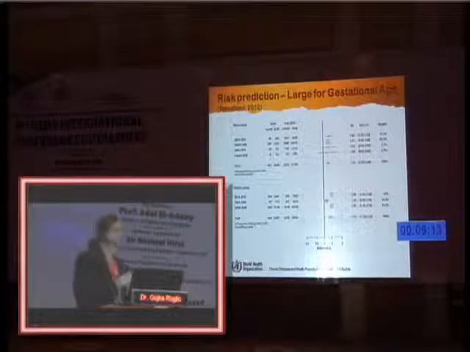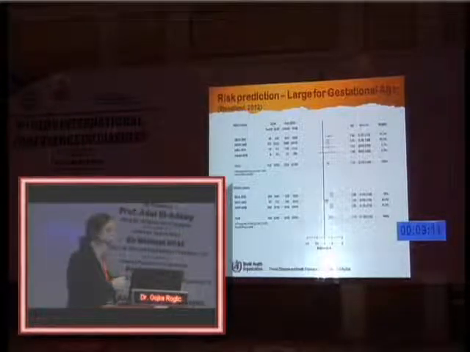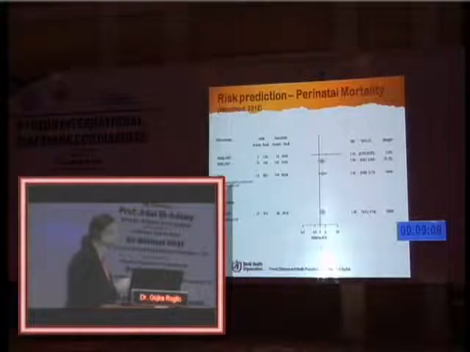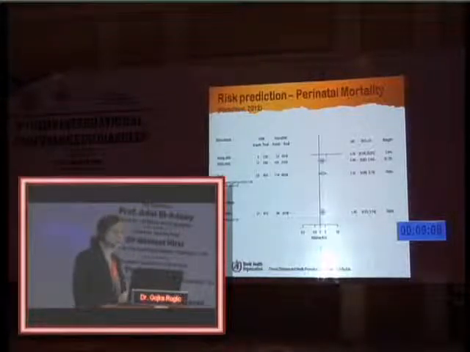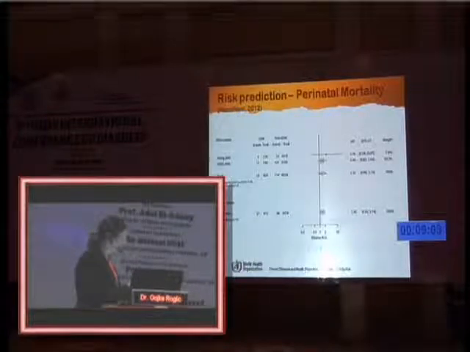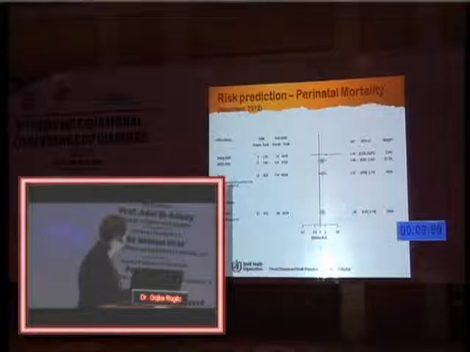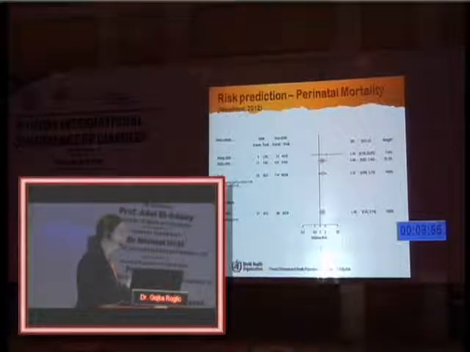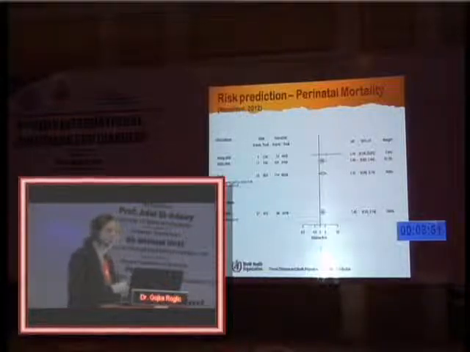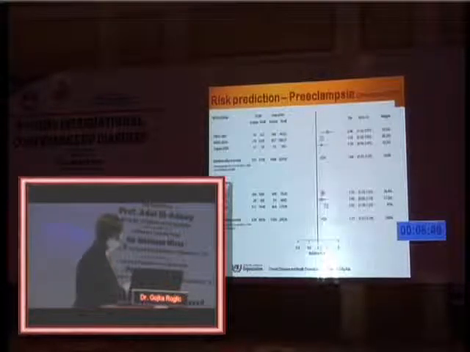The blood glucose level is a good predictor of large for gestational age babies. For perinatal mortality, it looks like glucose is somewhat linked to a higher perinatal mortality, but the results were not statistically significant.